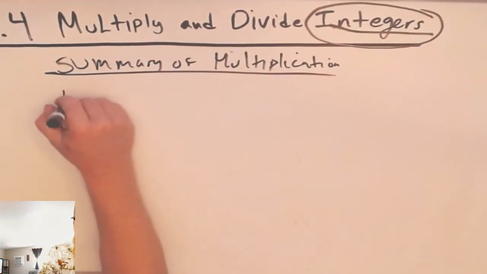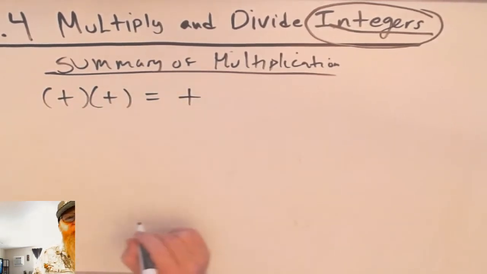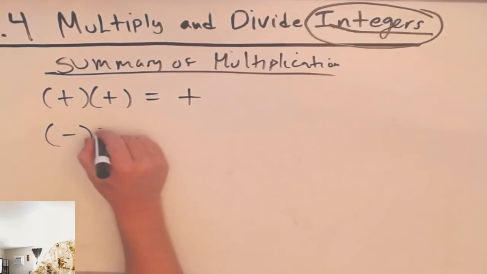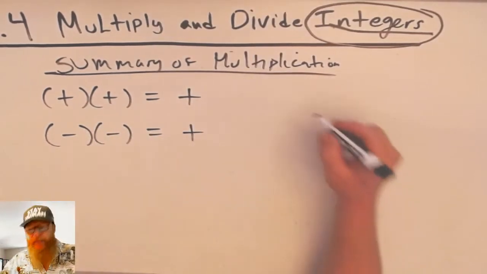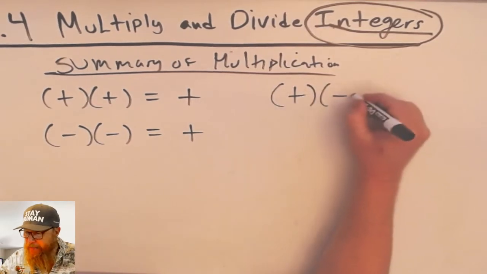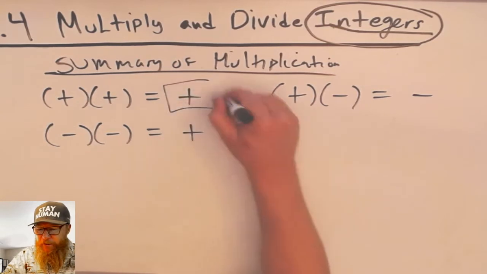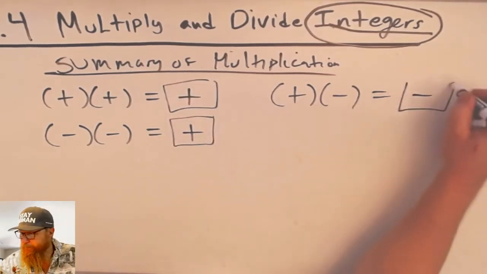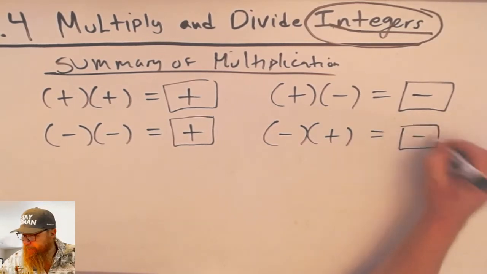So if you have a positive times a positive, that is a positive. A negative times a negative is also a positive. A positive times a negative is a negative. So this is the result here. And a negative times a positive is a negative.